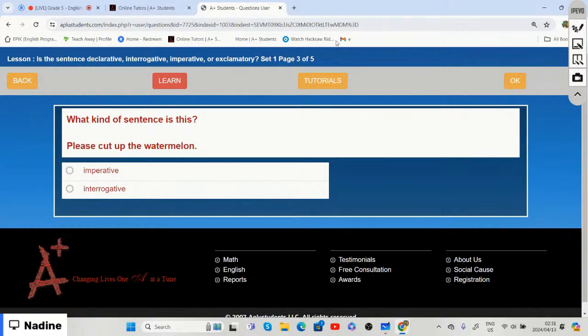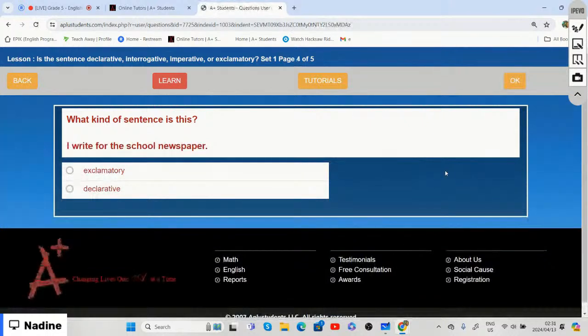All right, and if they tell us to please cut up the watermelon, then we will say yes, it is an imperative sentence. So well done, because it is also a command. They're telling you to do something. They're telling you to cut up the watermelon.